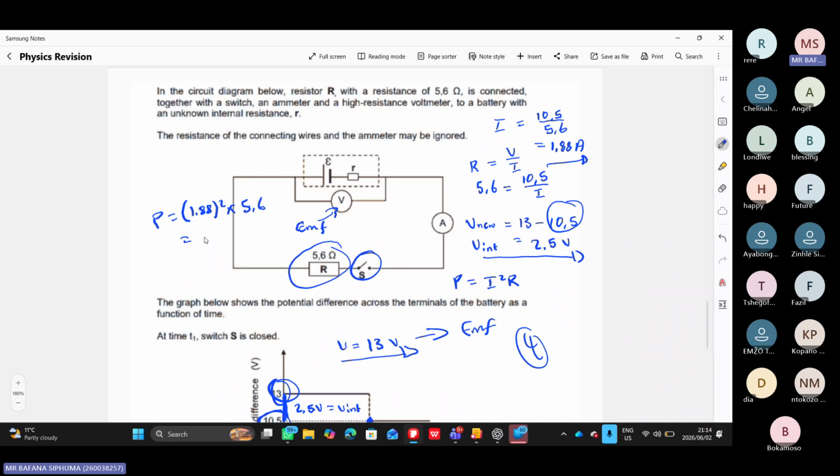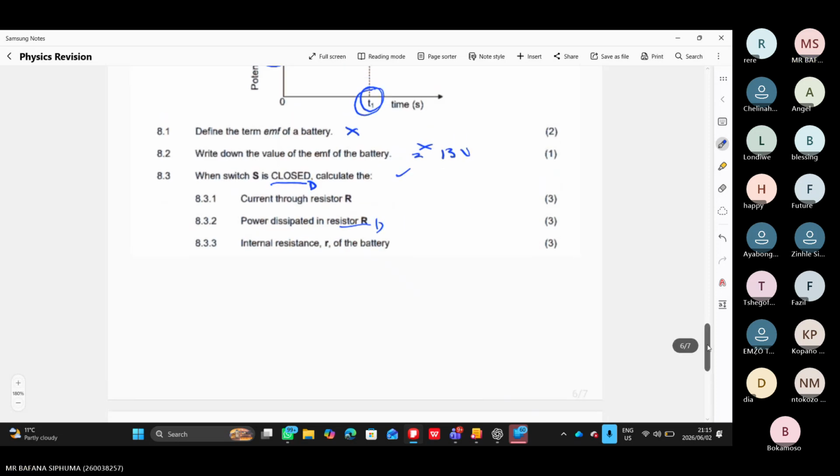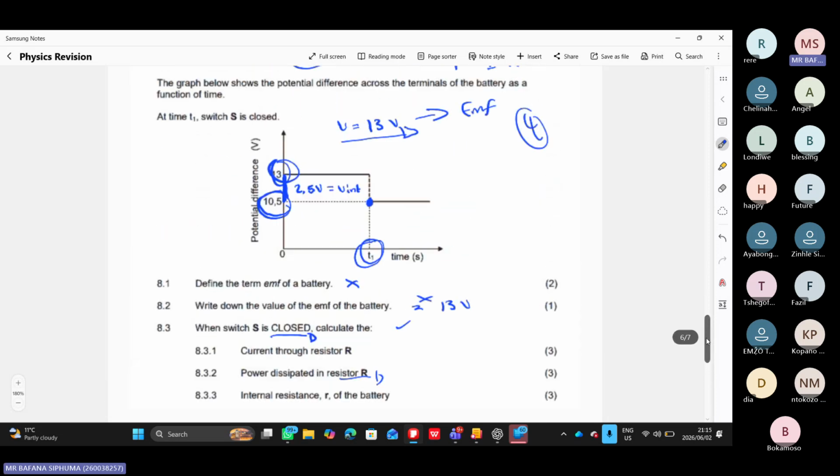Then what is my power? 19.74 watts. So don't forget that we use watts in these calculations. We use kilowatts in the cost.